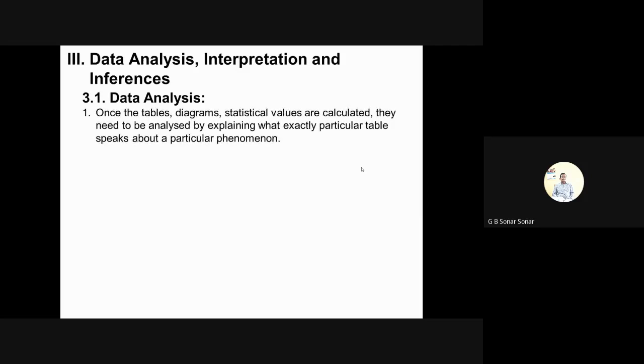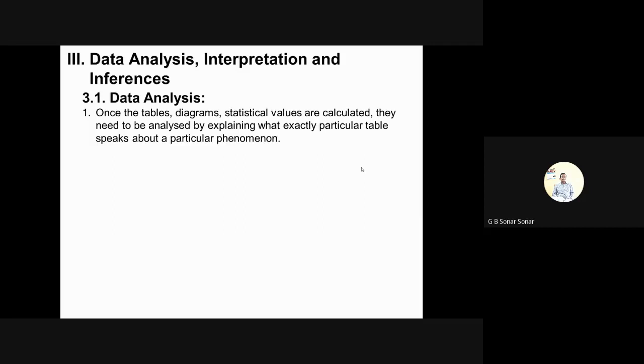Once data processing is complete, and by using a computer, tables are drawn, now we have to explain logically what a particular table says about the phenomena studied about respondents.